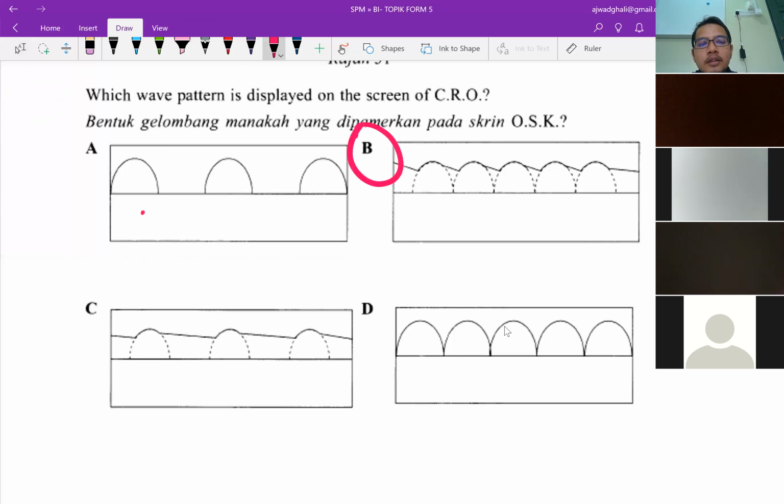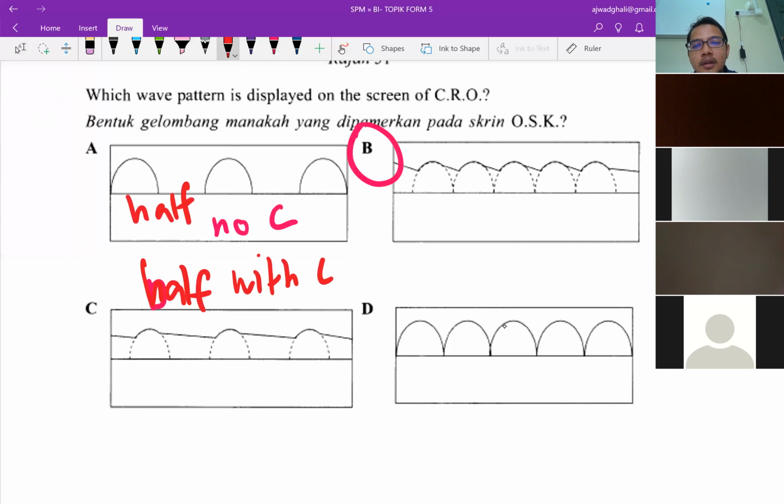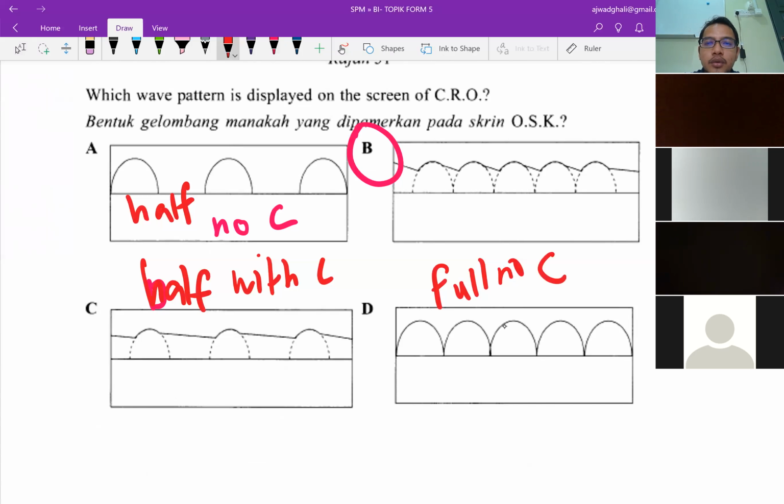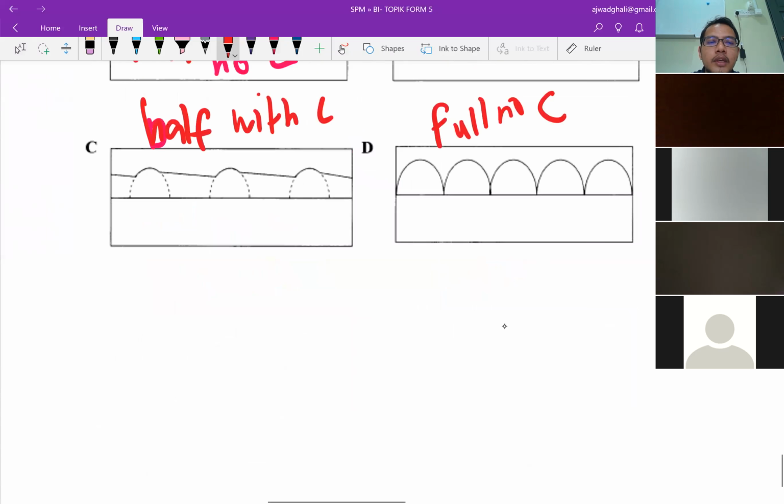So this one is half wave, no capacitor. This is also half wave, with capacitor. This is full wave but without capacitor. So the answer is B. Okay, good. So we finish on diode.